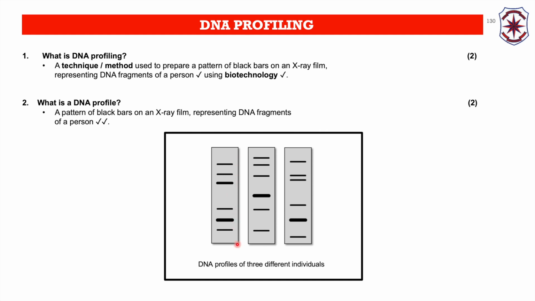So this is a DNA profile. However, the technique or method used to prepare these DNA profiles is called DNA profiling. As a matter of interest, let us look at the following slide. It contains a very short clip or video to show how these are prepared.